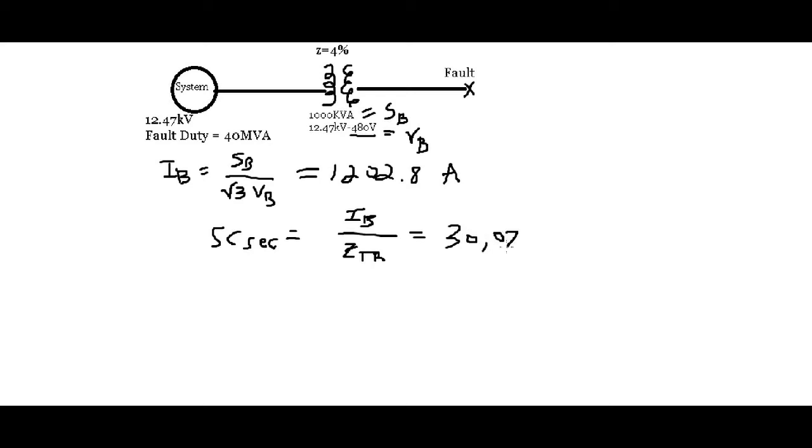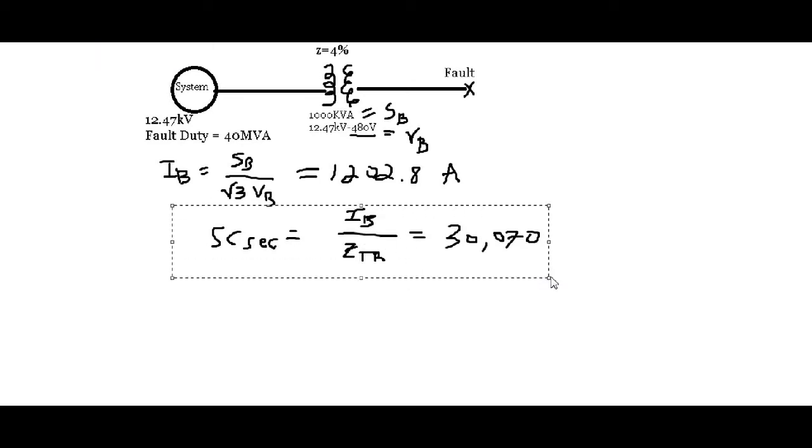That is going to give you 30,070 amps. Answer choice D is actually 30,100, so if you're not careful you could pick answer choice D, but we're not done yet because we need to include the system impedance in our calculations.